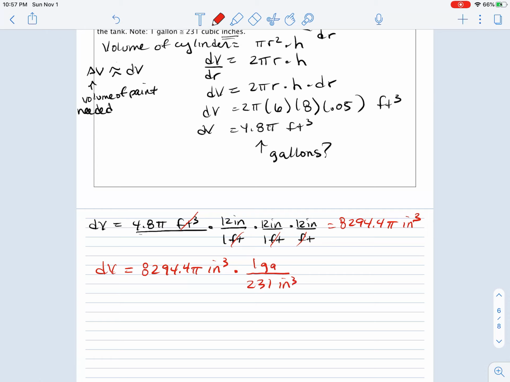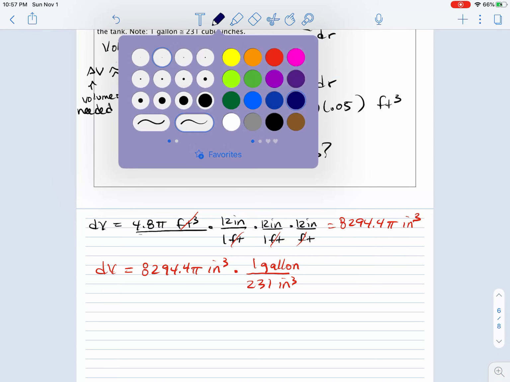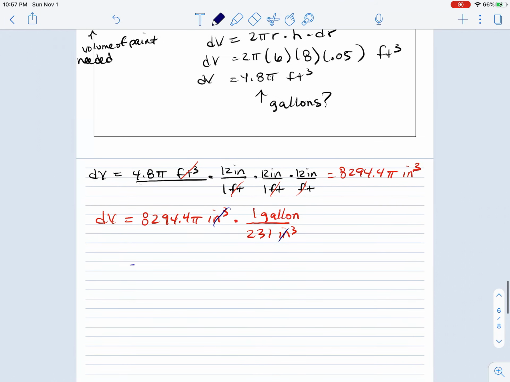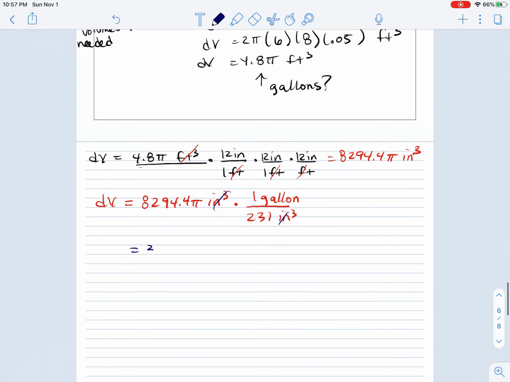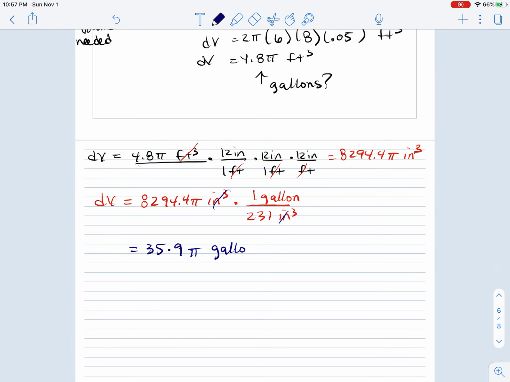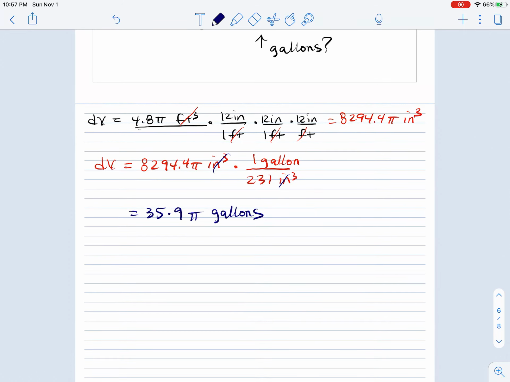Well, we know that there are 231 cubic inches in 1 gallon, and we can cancel our cubic inches here, and we're going to get 8,294.4 divided by 231, which is going to give me 35.9 pi gallons. And if you want to multiply by pi, then we're going to get approximately 112.8 gallons needed.